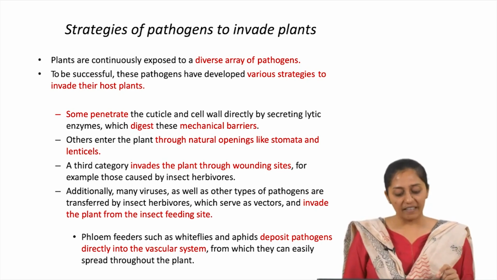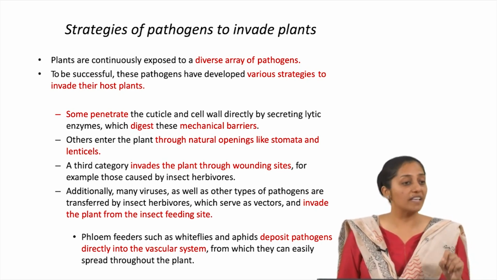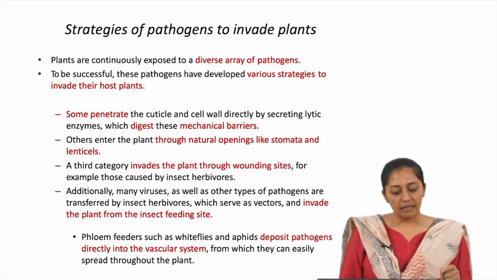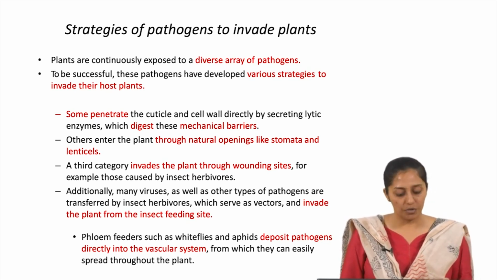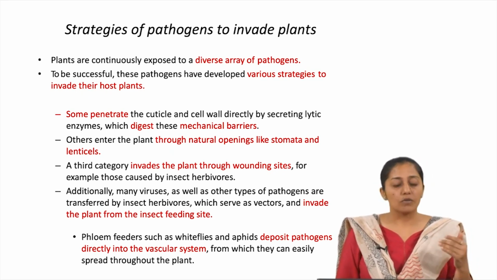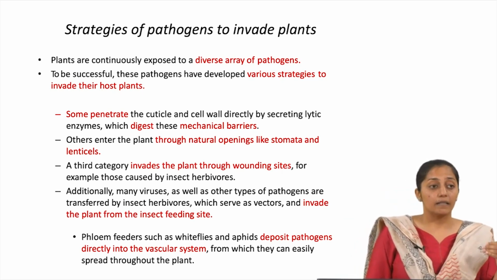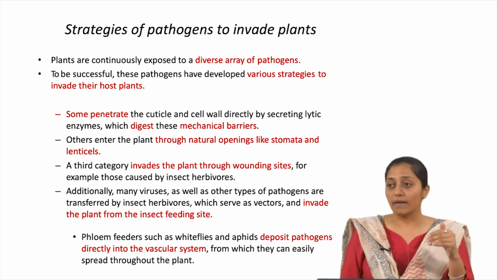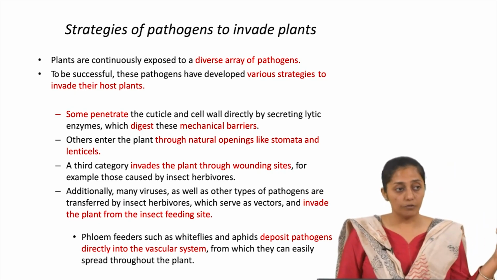A third category invades the plant through wounding sites. Whenever there is a wound, these may enter, for example those caused by the insect herbivores. Additionally, many viruses may enter. Sometimes some of the insects, for nectar, pierce through the vascular bundle to get the food.